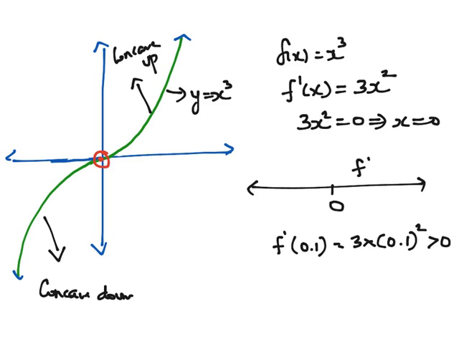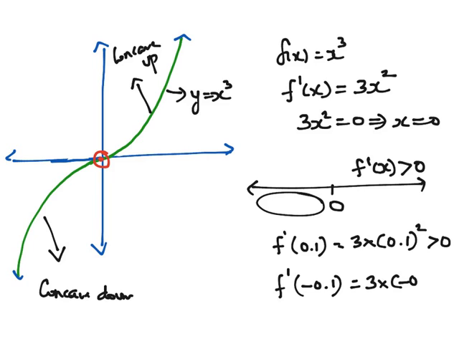If you take any value of x here, f dash of x will always be positive. Now let me take a value less than 0, let's say minus 0.1. It will be 3 times minus 0.1 the whole square. Again it will be positive. So here also f dash of x is positive, right? As you can see, before and after 0, f dash of x has the same sign, and this is a stationary point as well.